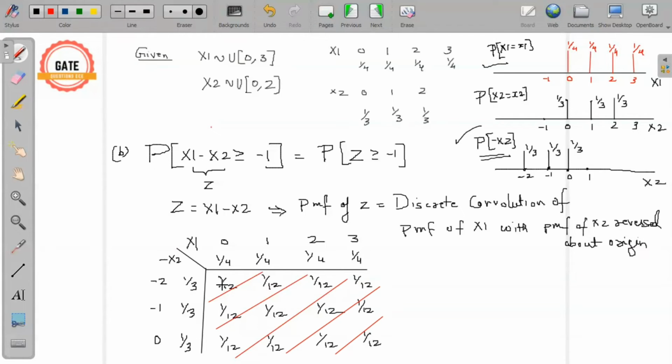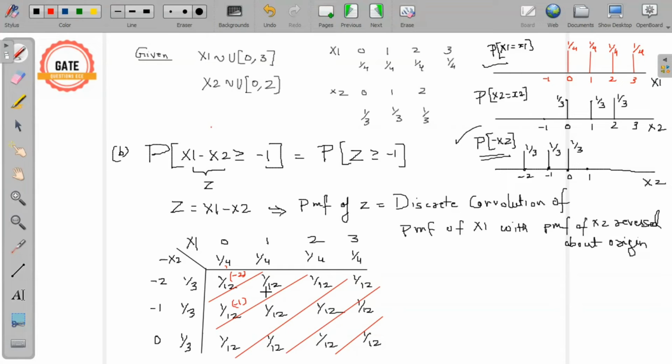You can quickly write here what will be the value of z for all the elements here, and you can observe that for this element z will be -2 plus 0, so it will be -2. And for this element here it will be -1 plus 0, so it will be -1.